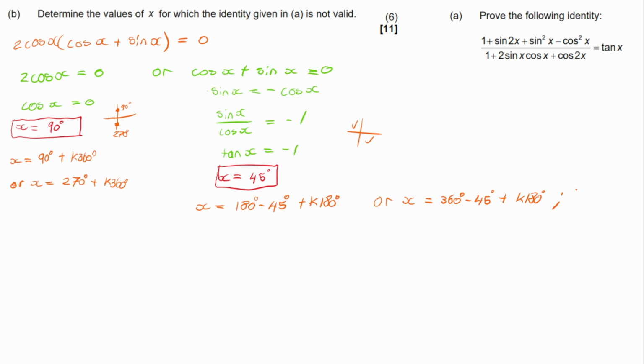And then remember, I need to be saying that k is an element of integers. Because they don't ask for a specific solution, because there's no interval, we can leave our answer just like this.